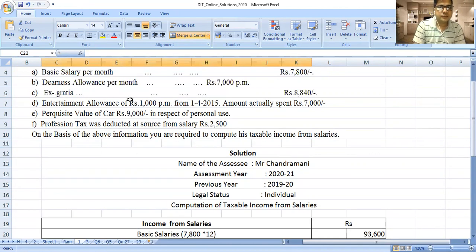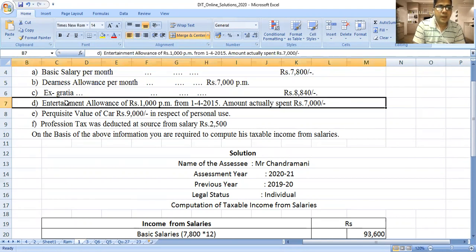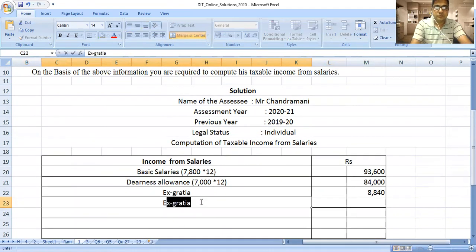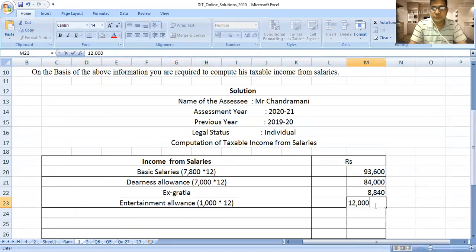then after that, the next item is entertainment allowance of rupees 1,000 per month from 1/4/2015. The entertainment allowance of 1,000 per month is received by the employee during the previous year. So entertainment allowance we have to show here. It is 1,000 per month multiplied by 12. 12 months entertainment allowance is 12,000.